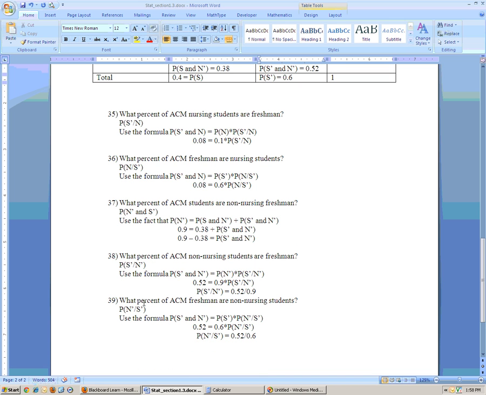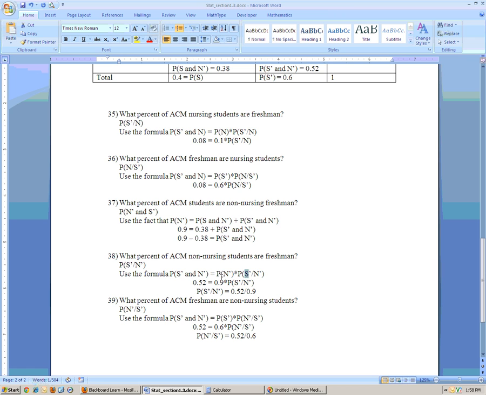And then the last one, what percent of ACM freshmen are non-nursing students? So this is out of the freshmen or non-sophomore students, and what percentage of them are non-nursing students? So just use the exact same formula and change the letters around. So instead of the second thing times the first given the second, do the probability of the first thing times the second given the first.